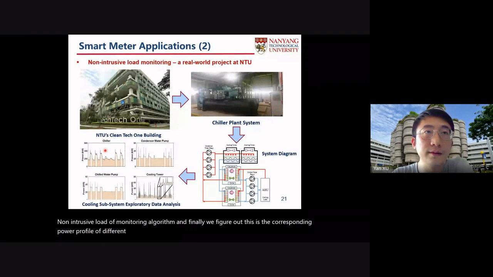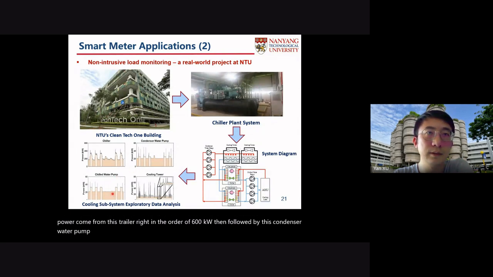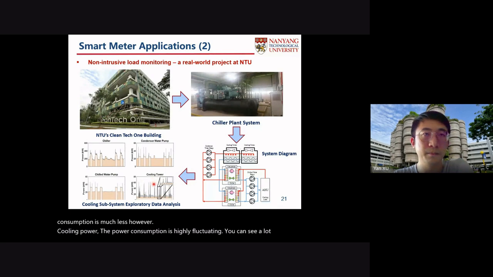Clearly, you can see that most of the power comes from the chiller, in the order of 600 kilowatts, followed by the condenser water pump and the chiller water pump. For the cooling tower, the power consumption is much less. However, it is highly fluctuating. You can see a lot of spikes there.